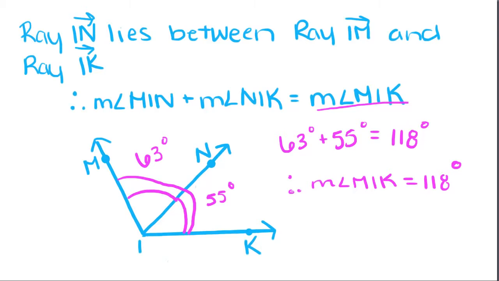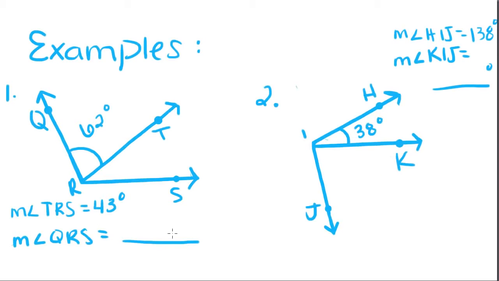Okay, so now that we know that, we're going to do a couple examples using these two properties. Okay, so I know that angle QRT is equal to 62 degrees. If the measure of angle TRS, which is this angle right here, is equal to 43 degrees, what is the measure of this whole angle?